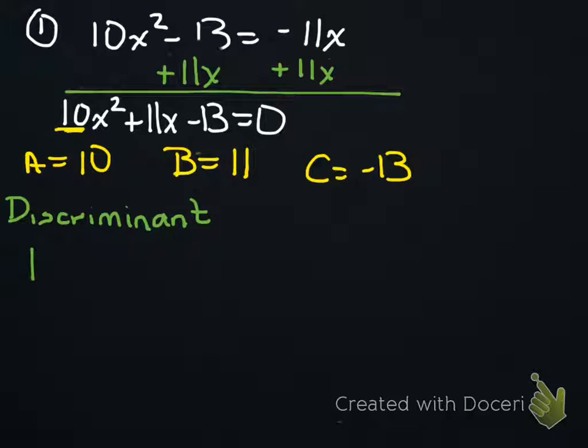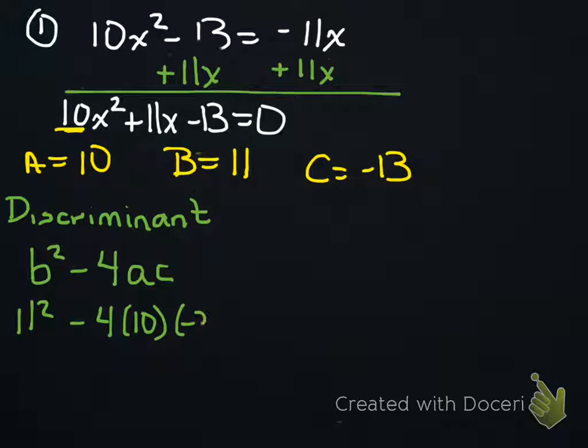That is the portion that is b squared minus 4ac. So we are going to do, actually not 10 squared, 11 squared minus 4 times 10 times negative 13. That comes out to 641.